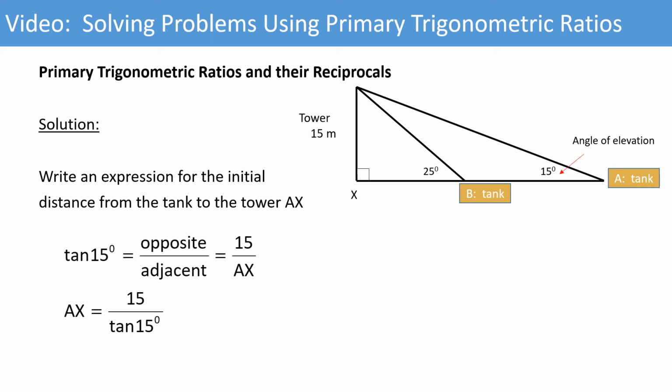So tan 15 degrees is equal to opposite divided by adjacent, which is 15 divided by AX.